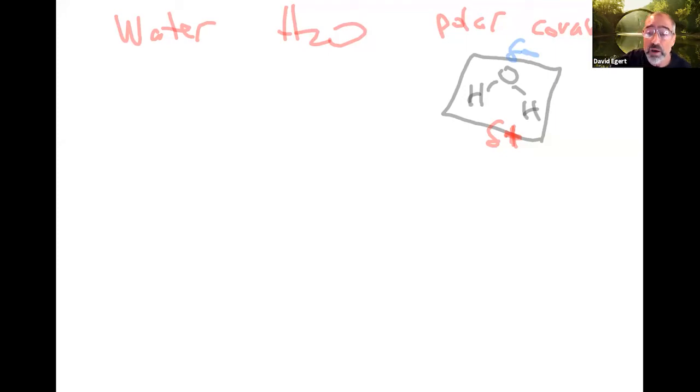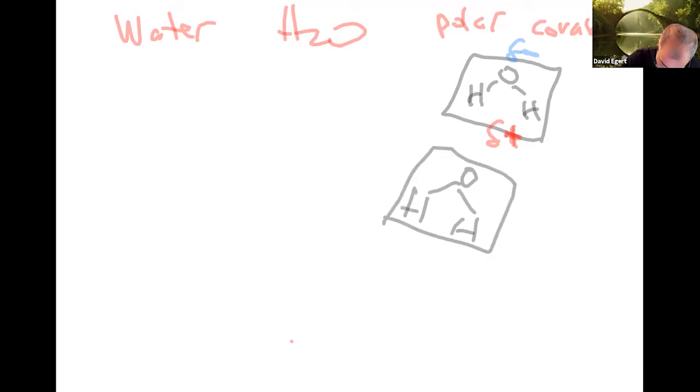What is keeping water liquid rather than having the individual water molecules just zip off and do their own thing? Because they're attracted to each other. They're attracted to each other, exactly. So if I take another water molecule, the more negative side of this one is going to have an attraction to the more positive side of that one.